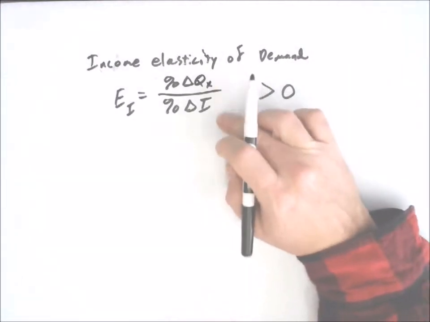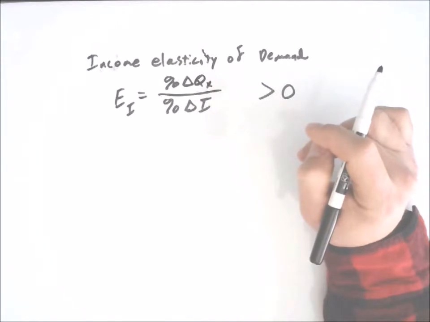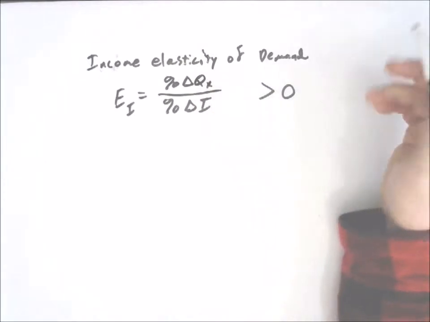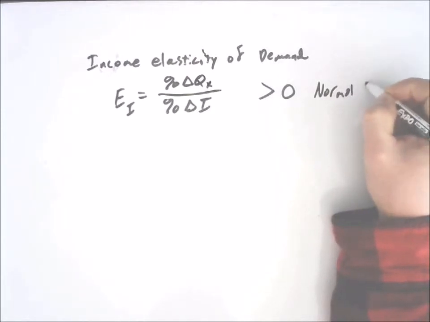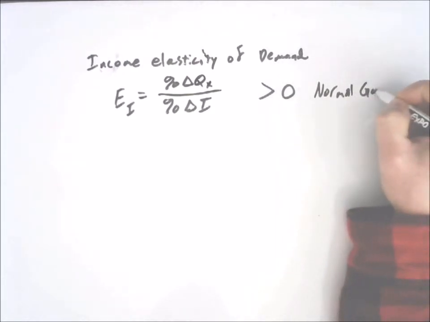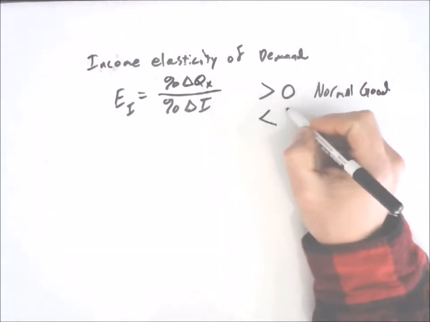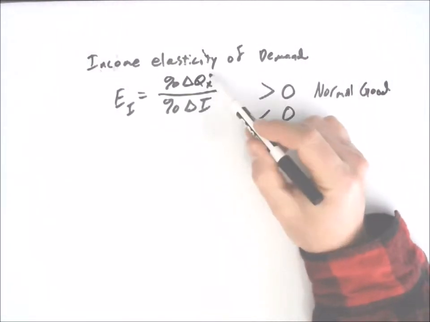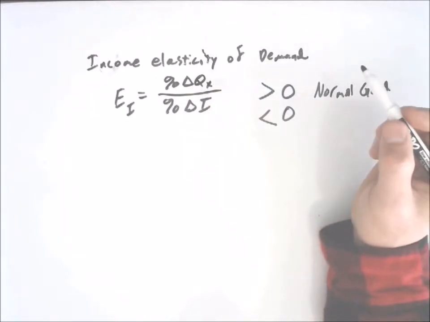This tells us we have a positive relationship between changes in income and changes in demand for the product. This is the definition of a normal good, if you remember from way back when. Now if this is less than 0, that means I increase incomes, demand for the product falls. If I decrease incomes, demand for the product rises.